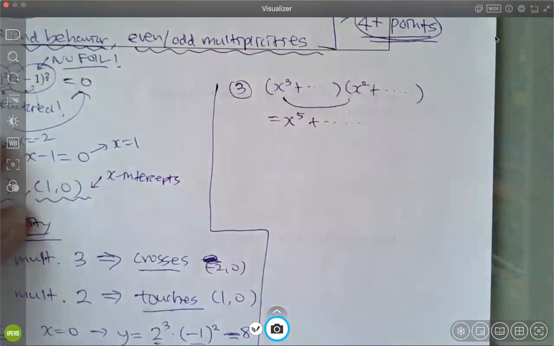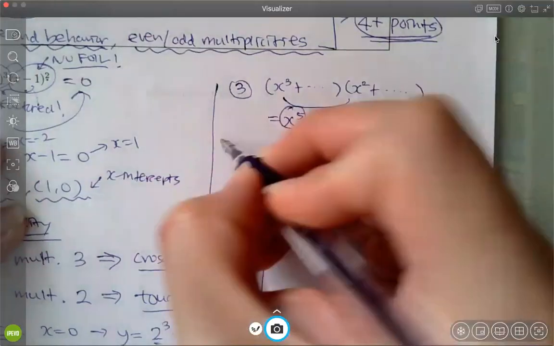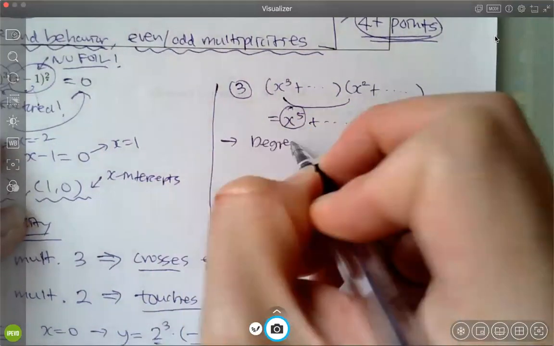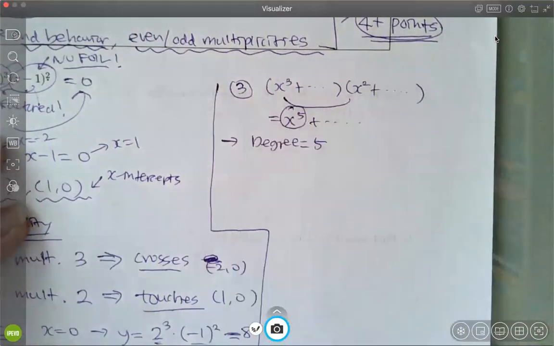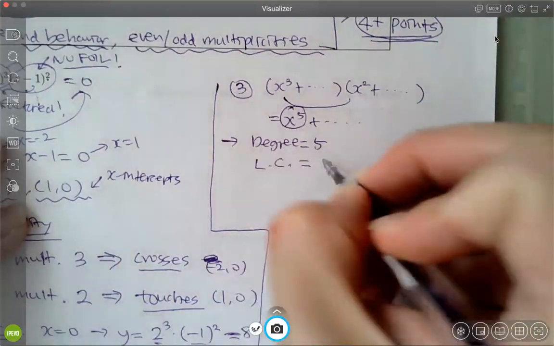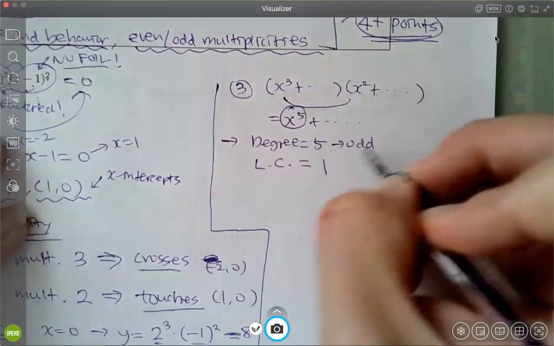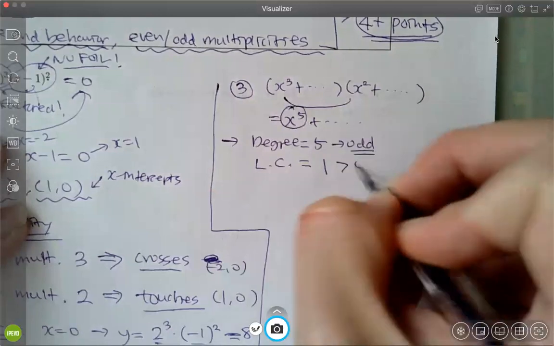So what is the degree? It's not 3, it's rather 5, right? And what is the leading coefficient? It's 1, right? So the degree is odd and the leading coefficient is positive.